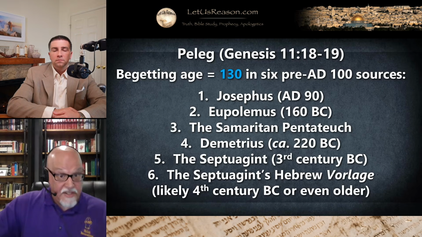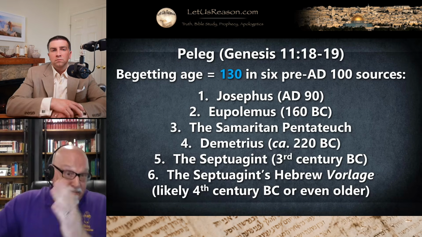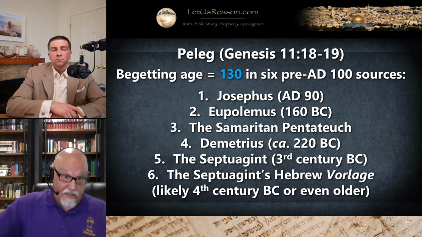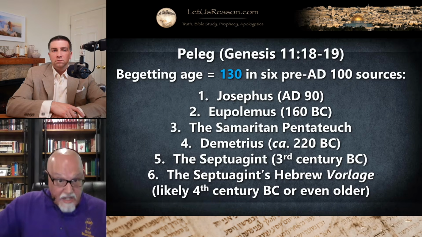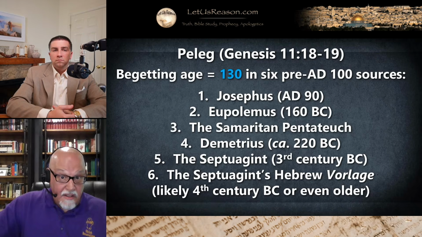And we might say that Hebrew text, unless it was a brand new scroll, let's say it was 20 or 30 or even 40 years old, might even point us back into the previous century in terms of what it's attesting to, right? That's a little bit of a guess, but it seems reasonable to me. So if the Septuagint was translated in 280, the Hebrew text they were using might be from 300 BC.